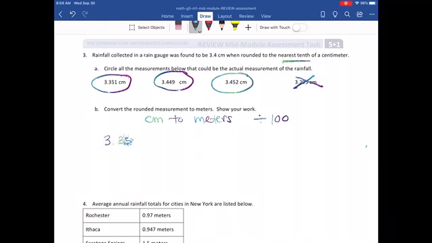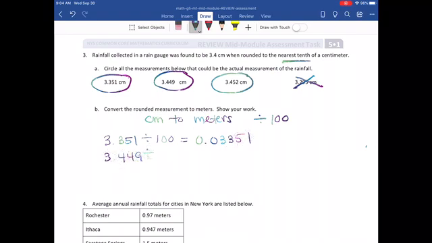So for all of these, I'm going to divide by 100, which means that I am shifting my place values 2 places to the right. So I have to shift my numbers 2 places to the right, so I get 0.03351. 3.449 divided by 100 is 0.03449.